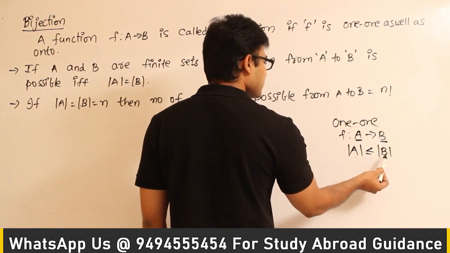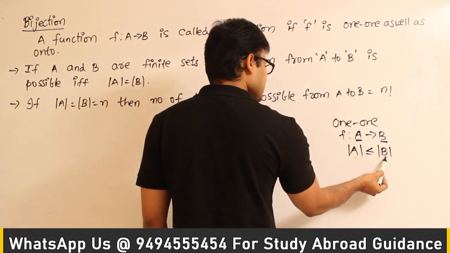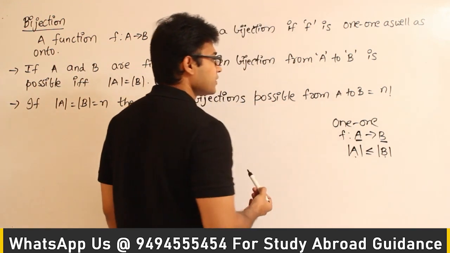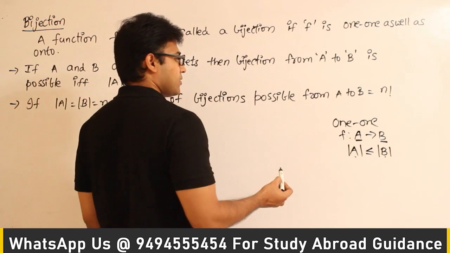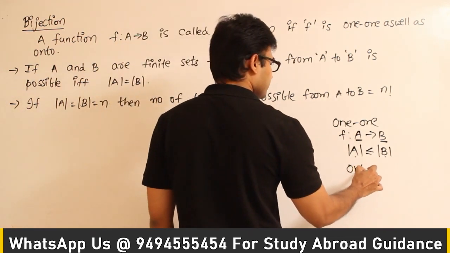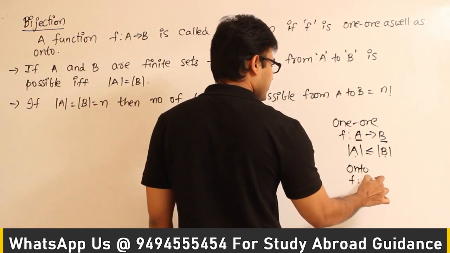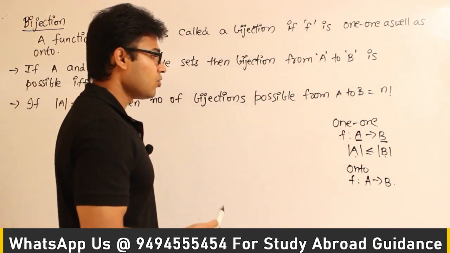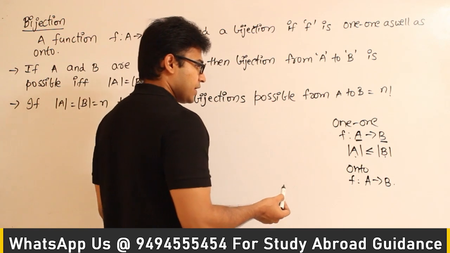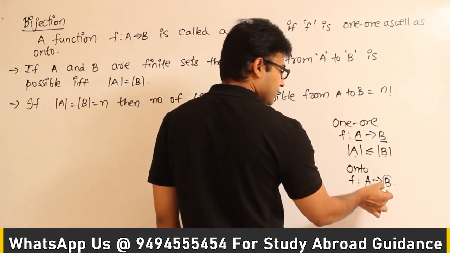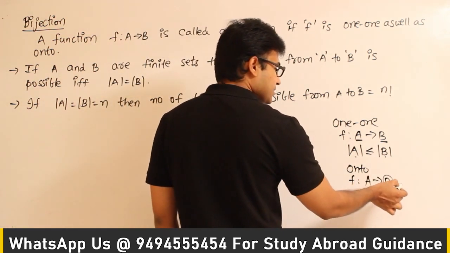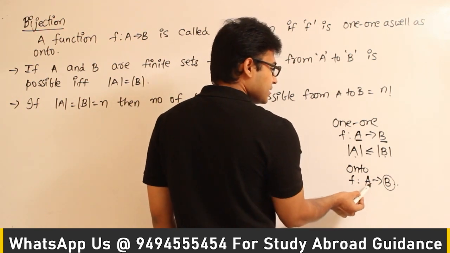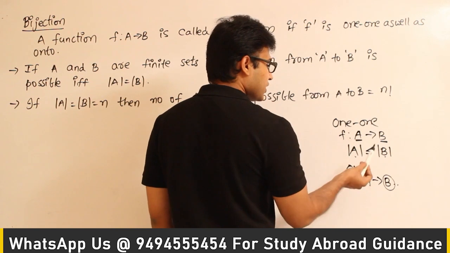Otherwise, there will be an insufficient number of elements in B, and we might have to map more than one element to the same element. And what about onto? A function f from A to B will be onto only when every element in B gets at least one element here, and we know that an element in A can never take more than one element.